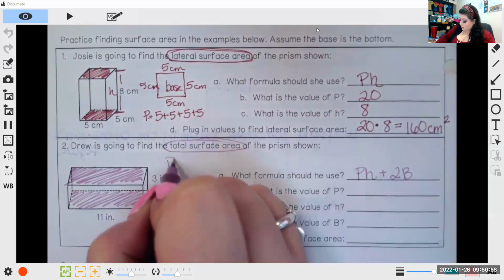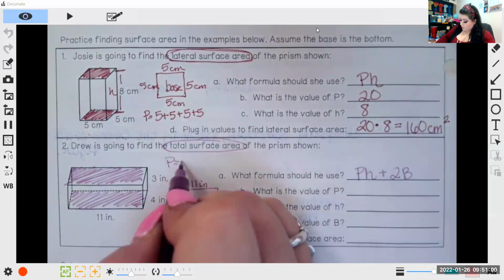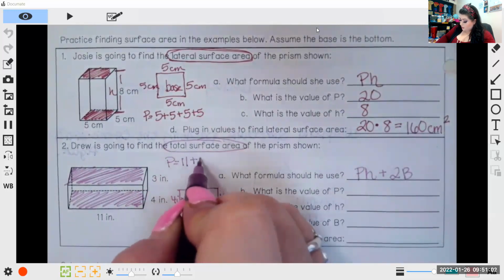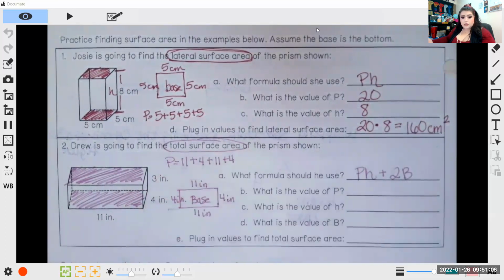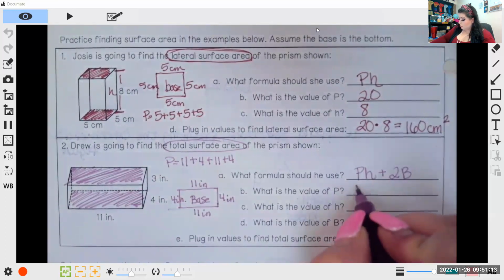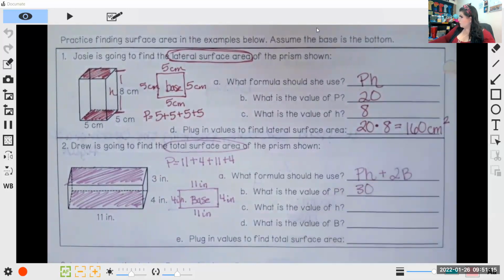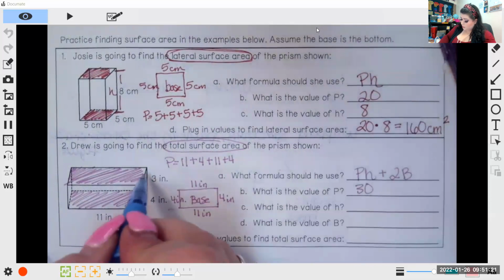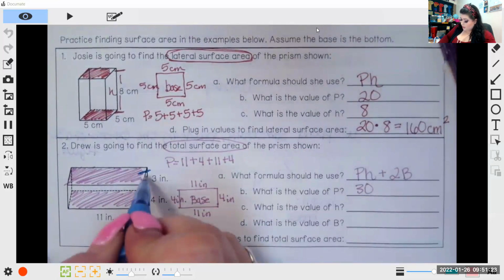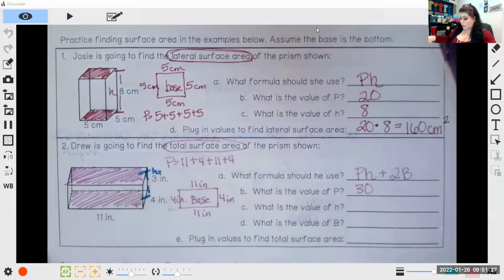So perimeter is simply going to be adding them all together: 11 plus 4 plus 11 plus 4 gives me a perimeter of 30. And remember, your height is from base to base. So my height is 3.